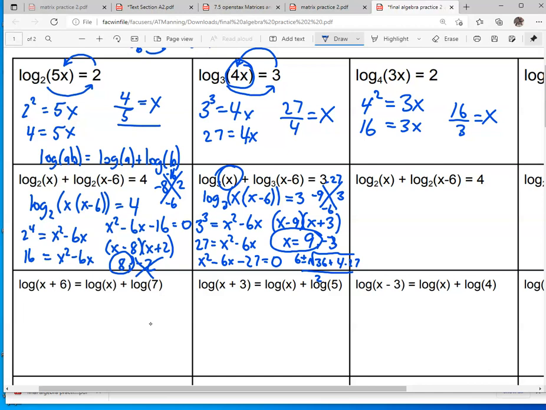But I could have cranked it through the quadratic formula, and I would have gotten 6 plus or minus the square root of 144 over 2, which ends up being 6 plus or minus 12 all divided by 2. 6 plus 12 is 18, divided by 2 gives me 9. 6 minus 12 gives me negative 6, divided by 2 gives me negative 3. But throw out the negative 3.